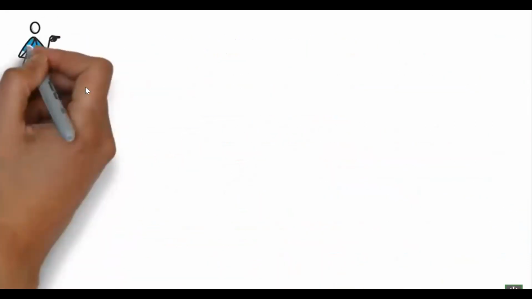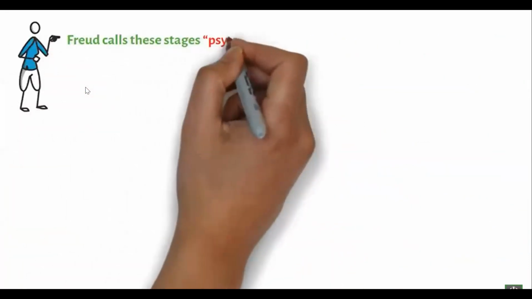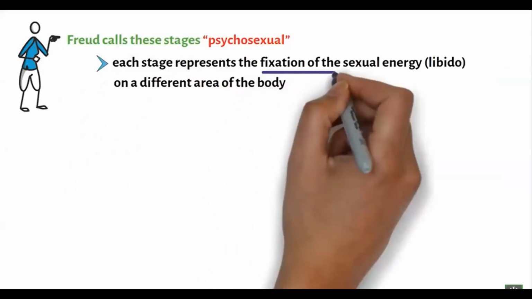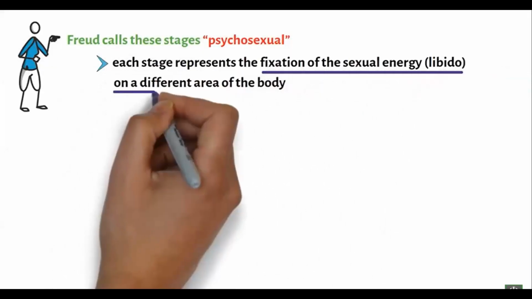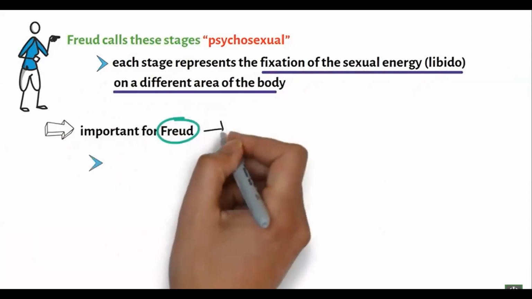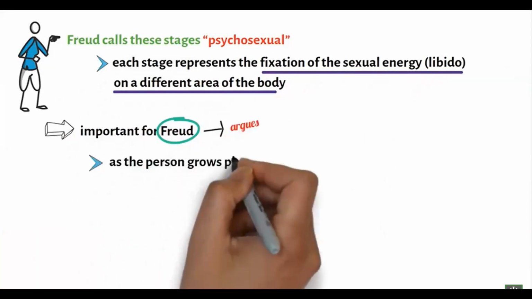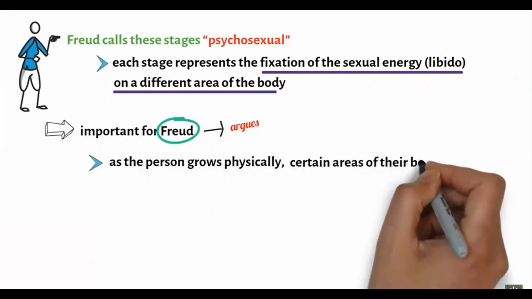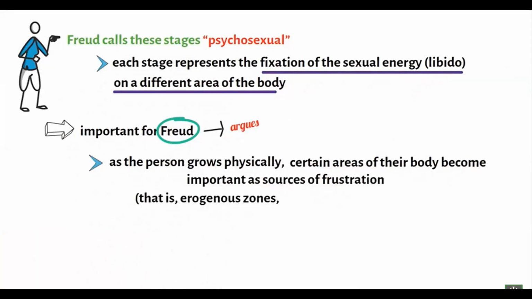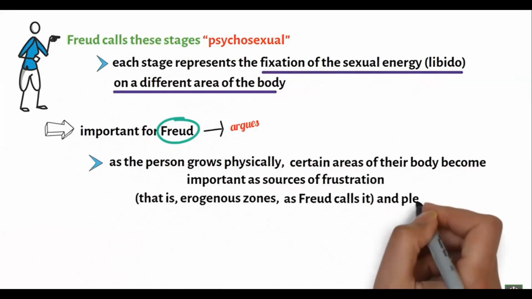It is important to note that Freud calls these stages psychosexual because each stage represents the fixation of the sexual energy, or libido, on a different area of the body. The idea of the fixation of the libido on a different area of the body is important for Freud because, as Freud argues, as the person grows physically, certain areas of their body become important as sources of frustration, that is, erogenous zones, as Freud calls them, and pleasure.